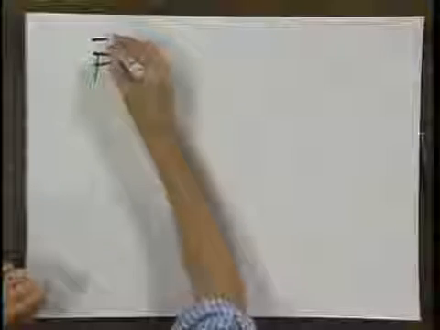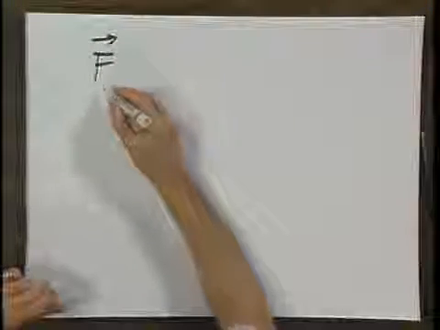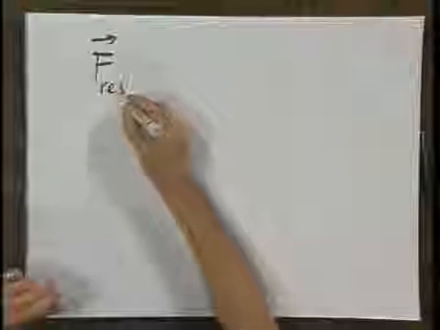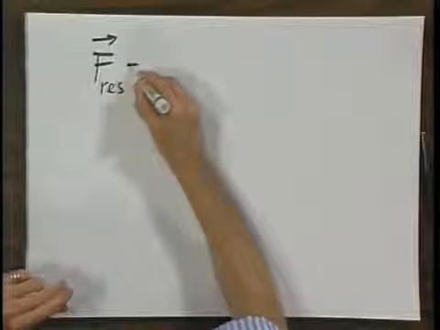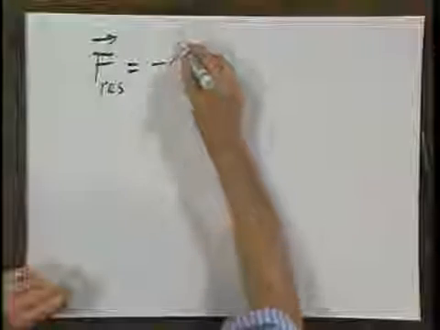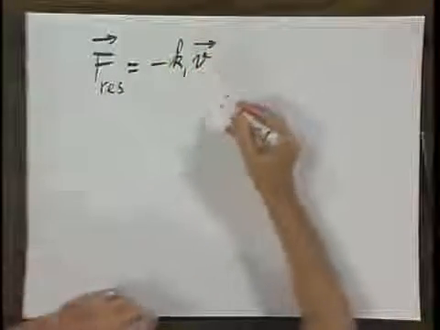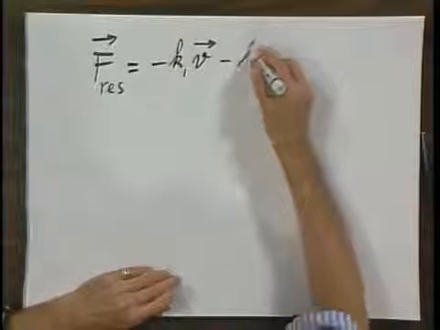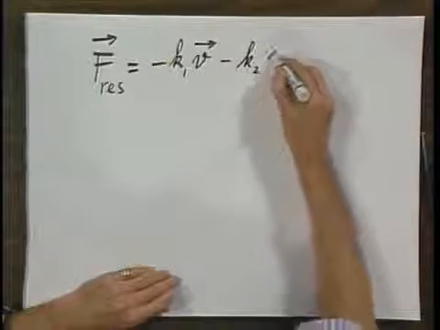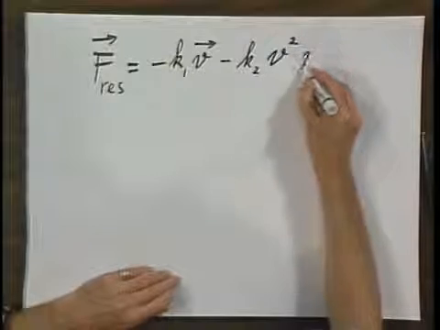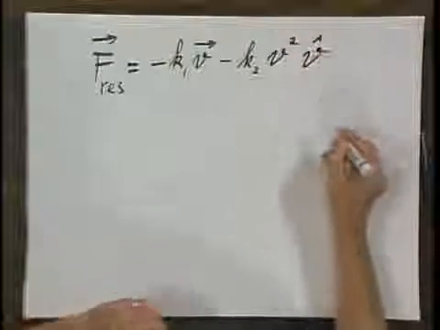Let me write down in general terms the resistive force. A resistive force, when an object moves through a medium, I will put here RES, which stands for resistive, equals minus K1 v, this is the velocity of that object, minus K2 v squared, and this is the unit vector in the v direction.